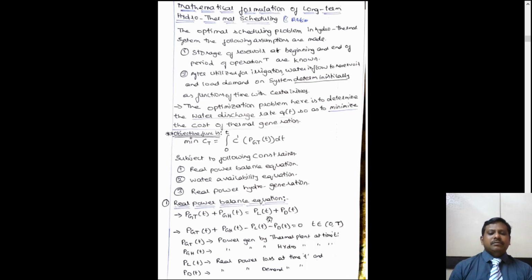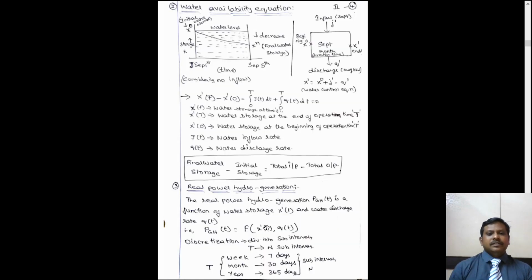For example, water will be utilized from morning 6 o'clock to 10 o'clock. There you will be taking the integrals from 6 o'clock to 10 o'clock, right? So in that particular duration of time, the power generated by the hydro and the power generated by the thermal will be calculated accordingly. So this is the real power balance equation.